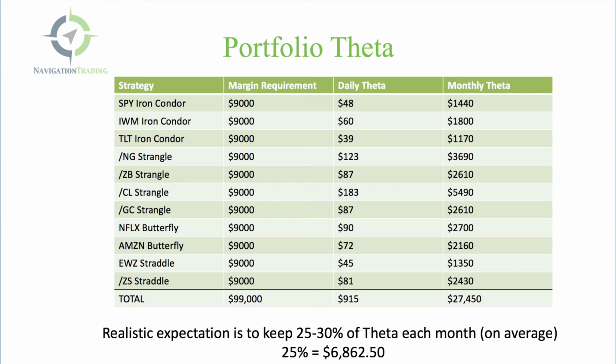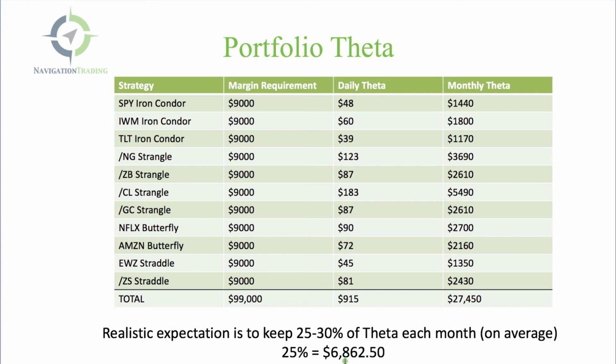But this will help give you an idea, because what you'll find over time is that a realistic expectation is to keep 25 to 30% of that theta each month on average.